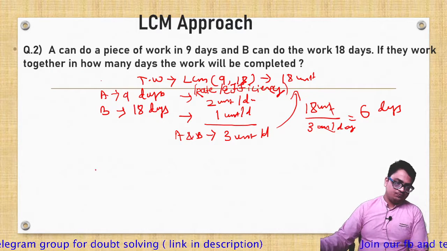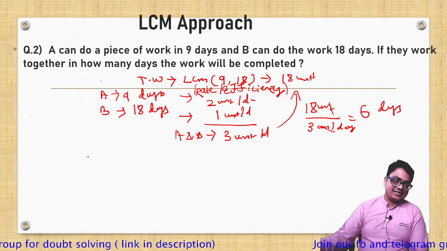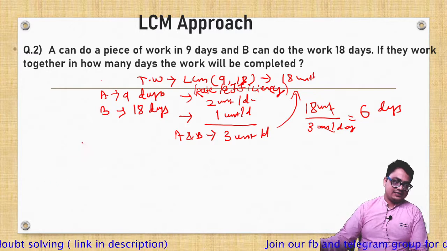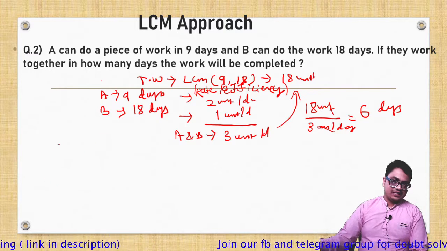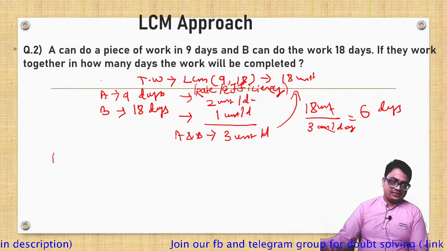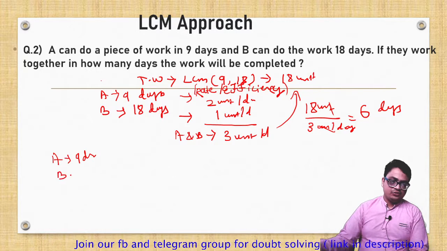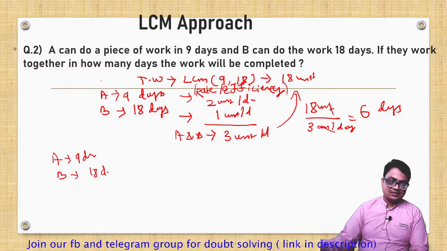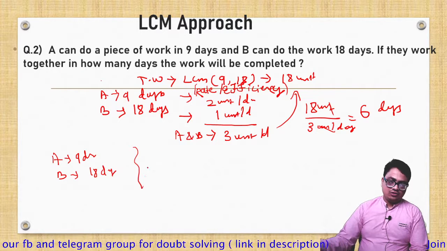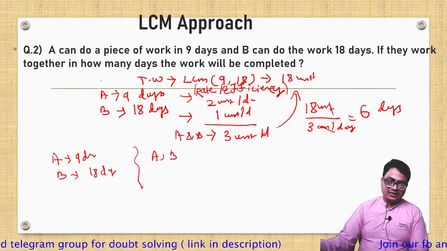So, guys, that is a direct approach for this. If, let us say, A is doing in 9 days, B is doing in 18 days, then A and B will be doing in how many days?